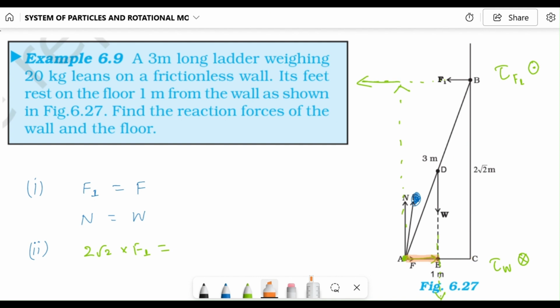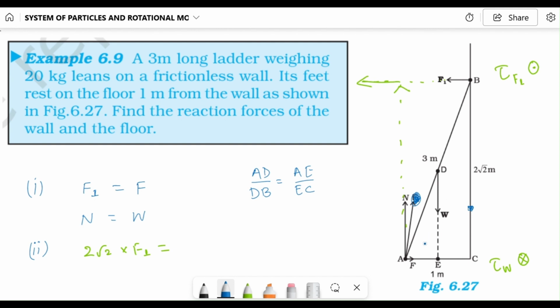In triangle ABC, if you remember Thales theorem, which you have studied in secondary or higher secondary maths, this point E is at the middle of A and C. Look at what Thales theorem says: if this line DE is parallel to this BC, then AD by DB will be equal to AE by EC. This is Thales theorem.